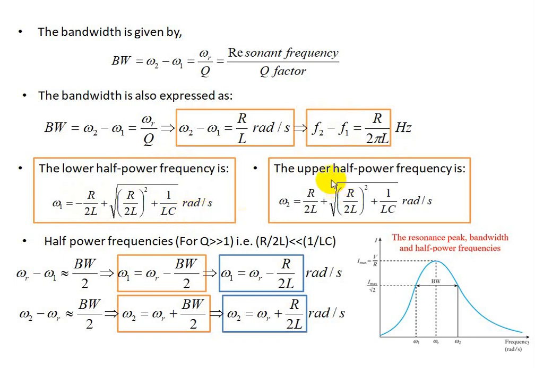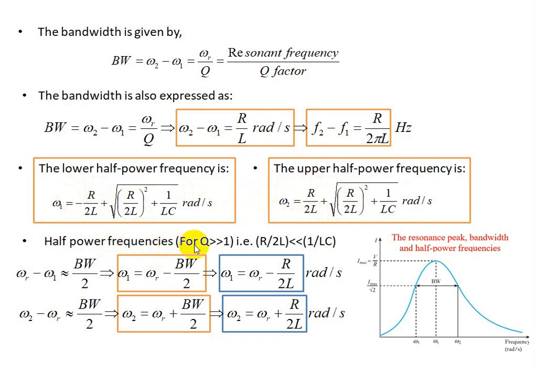Similarly, the upper half power frequency omega 2 is equal to R by 2L plus under the root of R by 2L whole square plus 1 by LC radians per second. So here we have a minus sign, whereas here we have a positive sign.